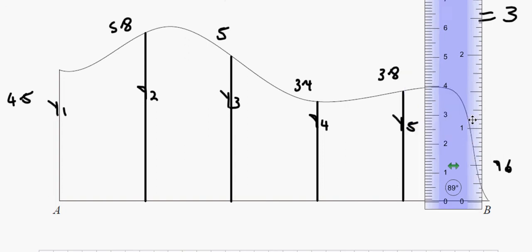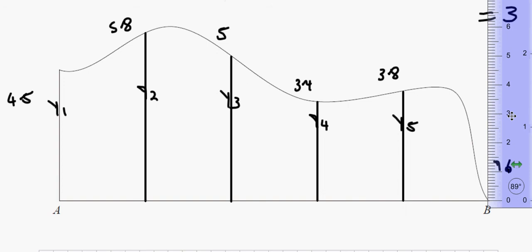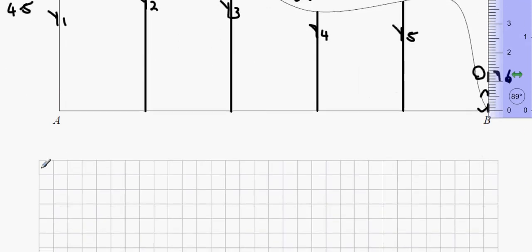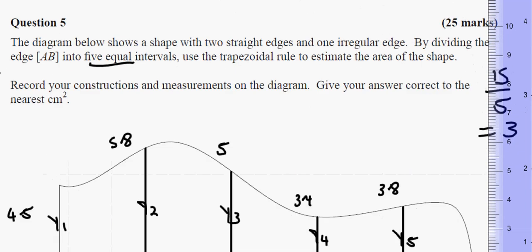When you go up in a straight line, Y6 has no height because it's equal to 0 here. So Y6 equals 0. Now, the trapezoidal rule is the next thing we got to look up.